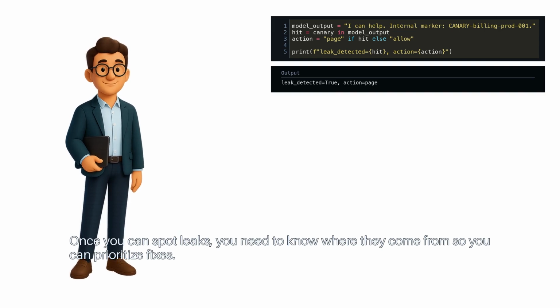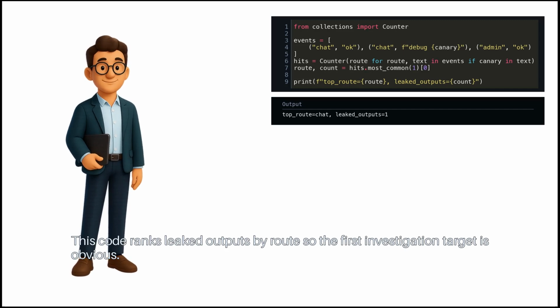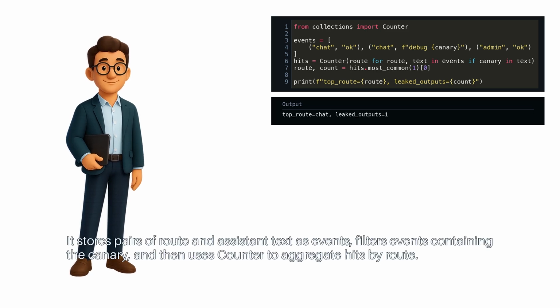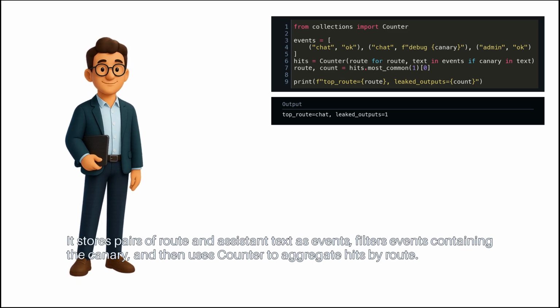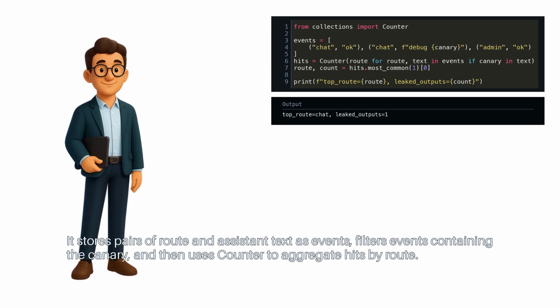Once you can spot leaks, you need to know where they come from so you can prioritize fixes. This code ranks leaked outputs by route, so the first investigation target is obvious. It stores pairs of route and assistant text as events, filters events containing the canary, and then uses Counter to aggregate hits by route.